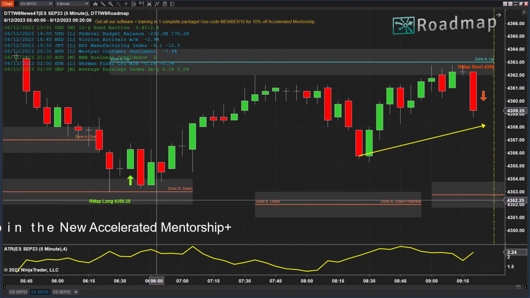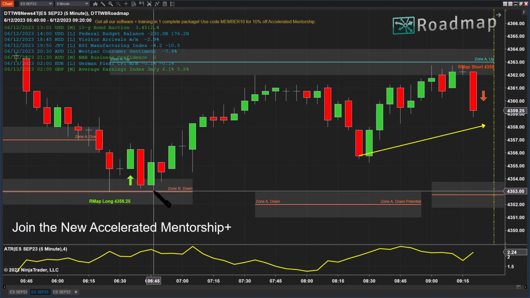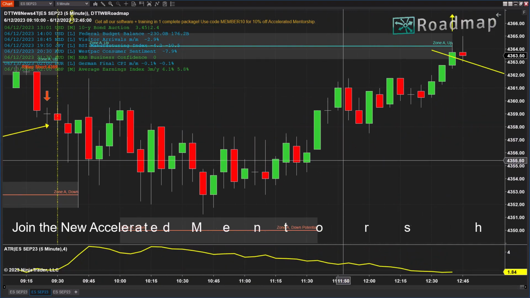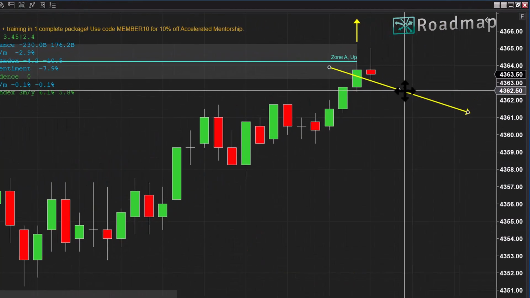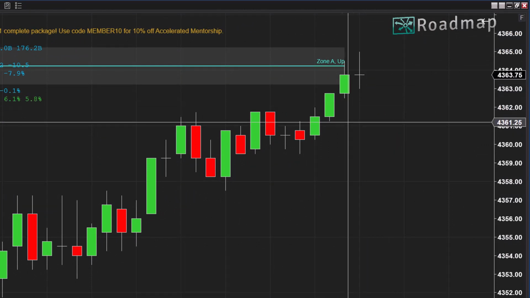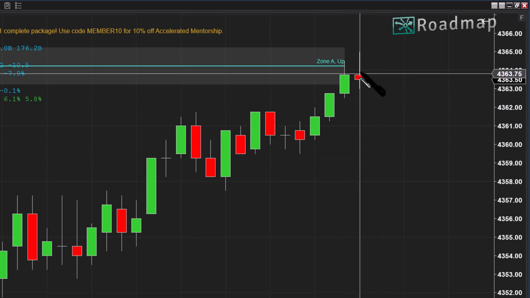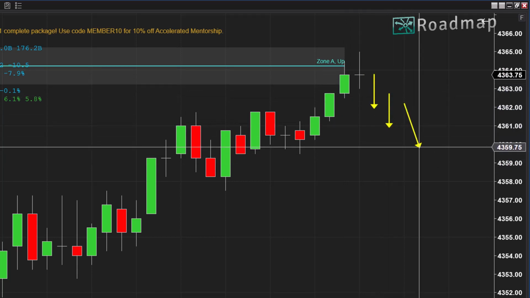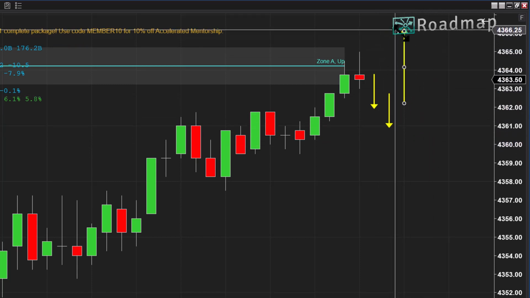And now if the entry is wrong, let's say that this gives an opportunity here to go short, but it's a losing trade, it's a failure. Where we put our stop, so let's say that we go short and it starts to turn around, but it doesn't turn around enough to make a profit. It turns around against us.